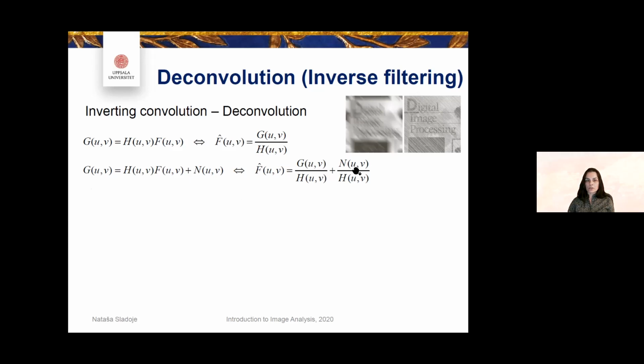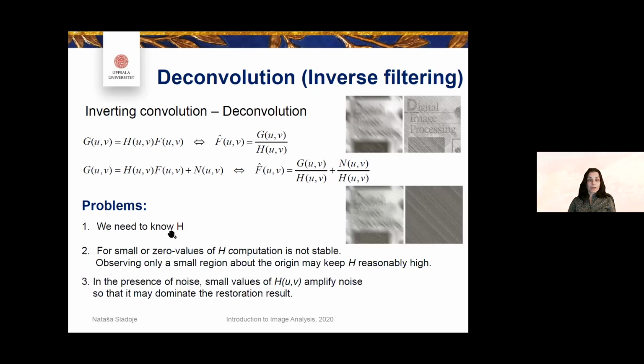It has this additional term where we should divide the noise in the Fourier domain by the same Fourier transform of our point spread function. Looks extremely simple. Let's see what the challenges are.